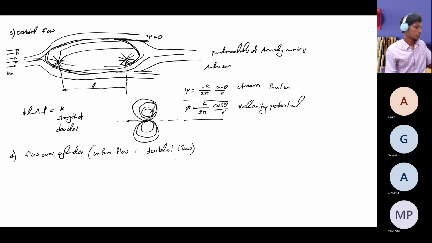Okay, so if you are generating flow over a cylinder, that means it's a combination of uniform and doublet flow. Suppose your doublet has a vector here, and it is, sorry, this is like this.